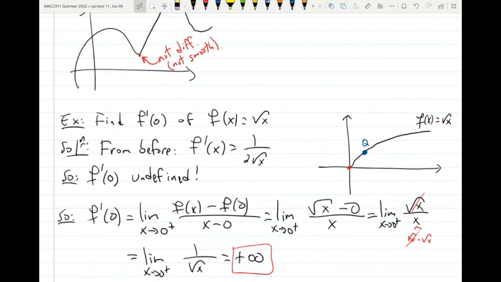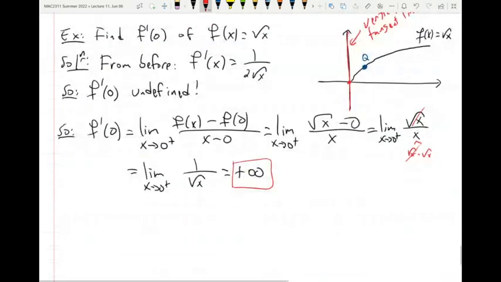Do you understand this? So the line x equals 0 is a vertical tangent line. Okay? So that means the y-axis, which is this one right here, is a vertical tangent line.